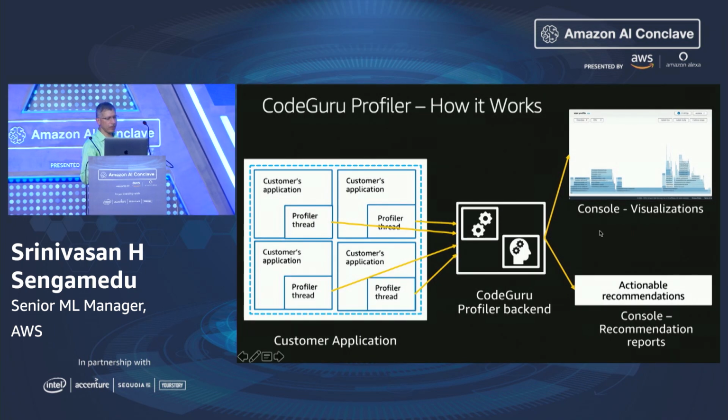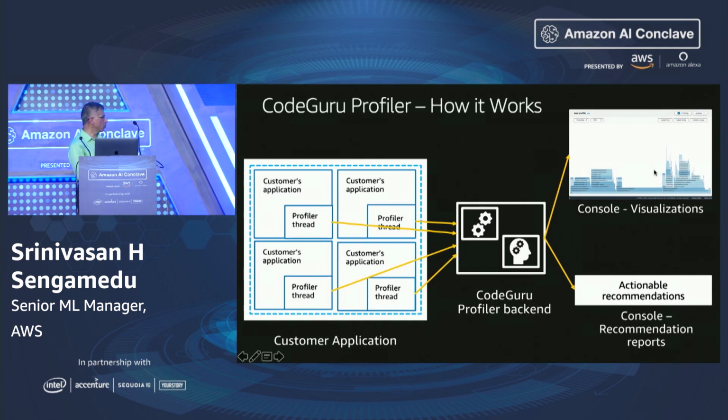So the actionable recommendations are more on the kind of problems people have already solved, and you can use the visualization and your own domain knowledge to look for issues which are specific to your running application.